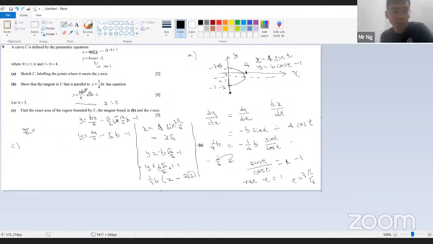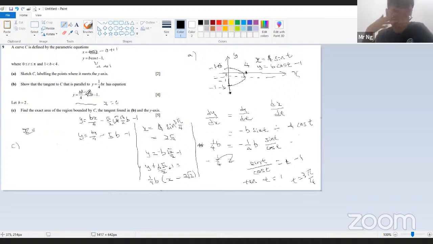Then I change this one to t in order to plot that in the parametric graph. So 2 divided by 4 t minus square root 2 times 2 minus 1 and this one is t. Like that.